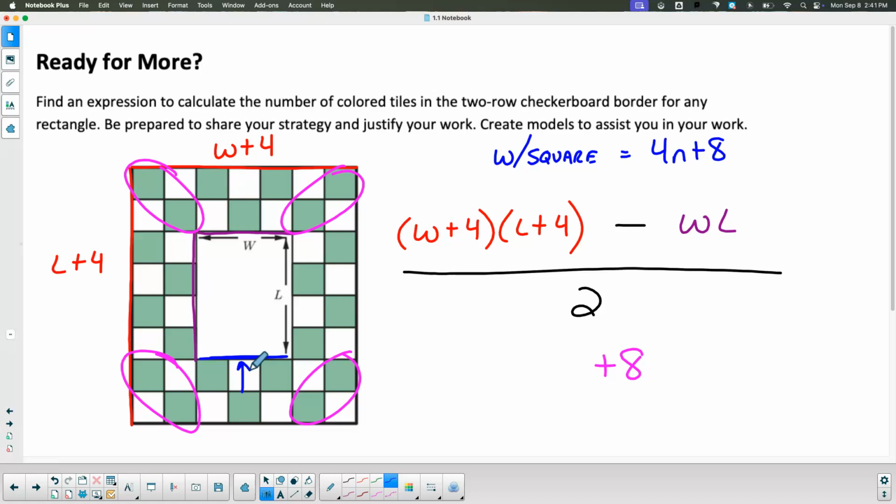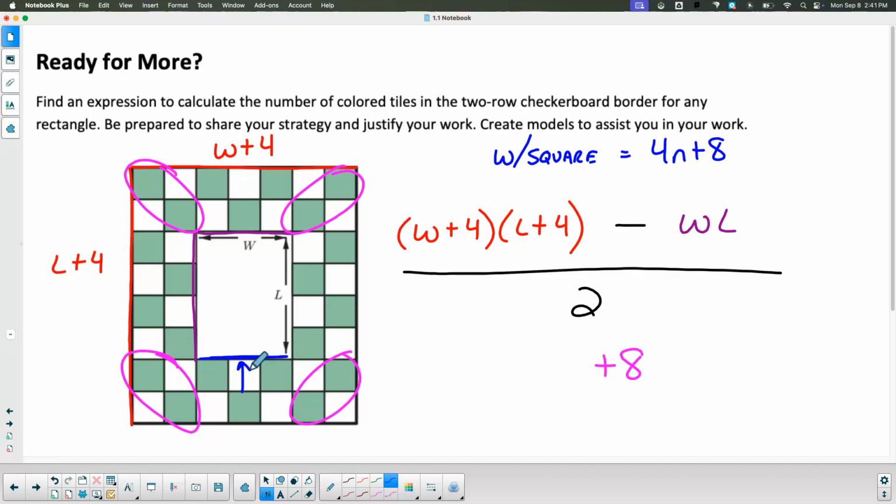Go back to your method. You see numbers in your method, like where we knew exactly how wide that side was. Oh, W plus 4.